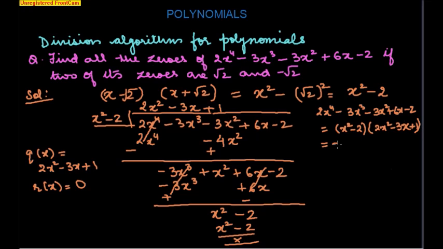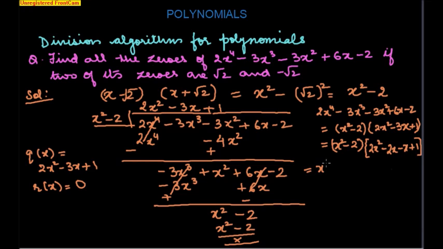Now, this has already been factorized, so we factorize this. How do you factorize this? We write down 2x square as it is minus 3x plus 1. So by the middle term splitting, we get minus 2x minus x plus 1.